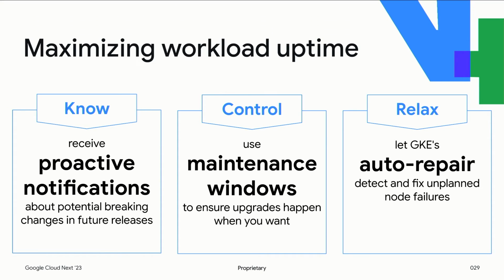GKE's proactive notifications give you advance warning about potential breaking changes in future Kubernetes releases. And our maintenance windows give you control over when upgrades happen. If any unplanned node failures occur, GKE can detect and auto-repair the node while allowing training to resume quickly.